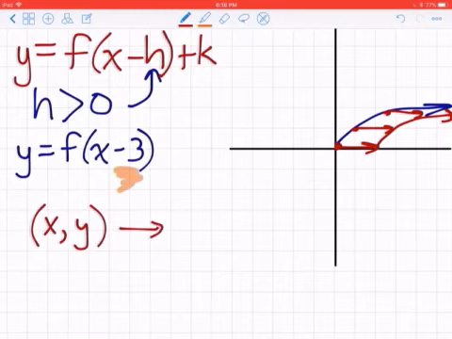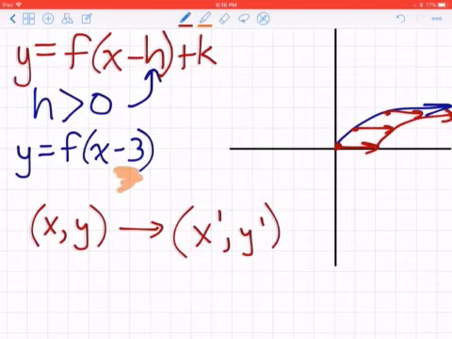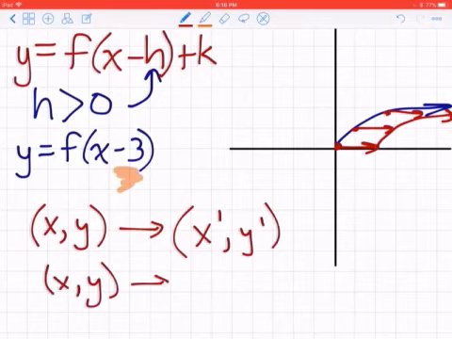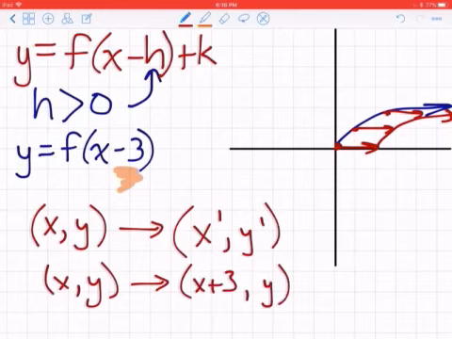So when we take xy and perform the function mapping to x prime, y prime, we're going to take x and y and turn that into x plus 3, or x plus h, and then y plus k, but since k is nothing, we don't do anything to those points for y.